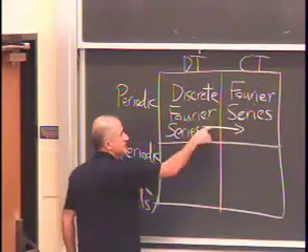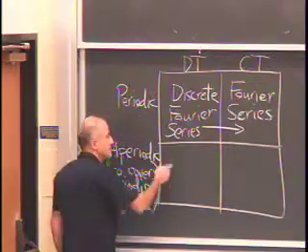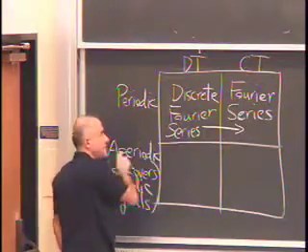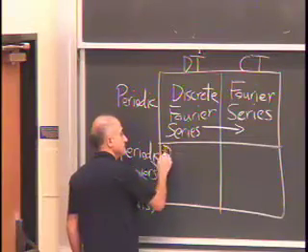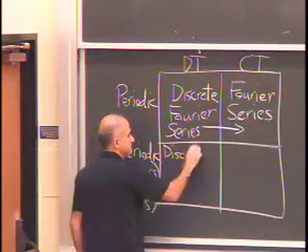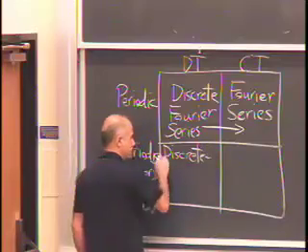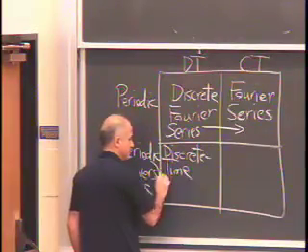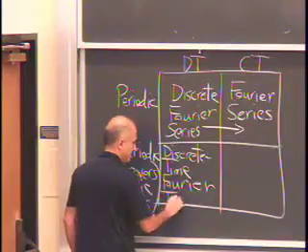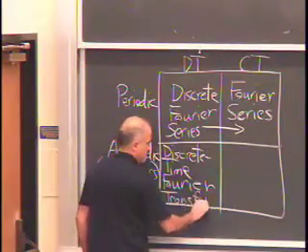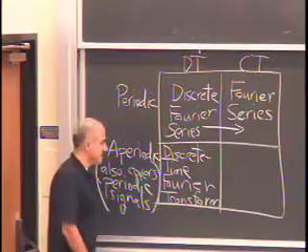So we start from here, move to that block. Then we get to discrete time aperiodic signals. And that's where we discuss the discrete time Fourier transform, or the DTFT.